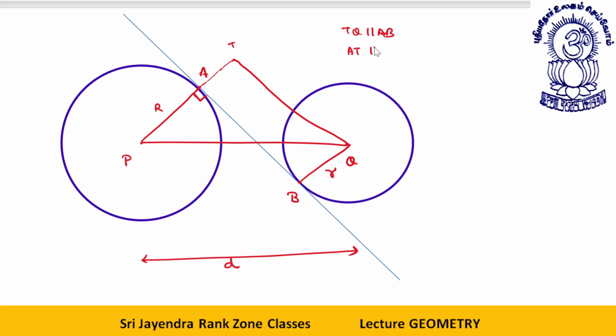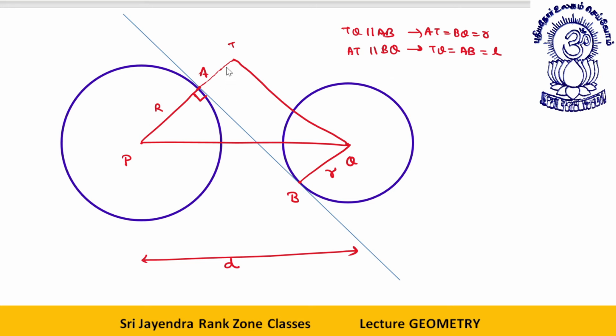Also, AT is parallel to BQ. When these are parallel and equal, AT is equal to BQ is equal to r, and TQ is equal to AB is equal to L. This is what we require, the length of the tangent. So far clear, dear students?